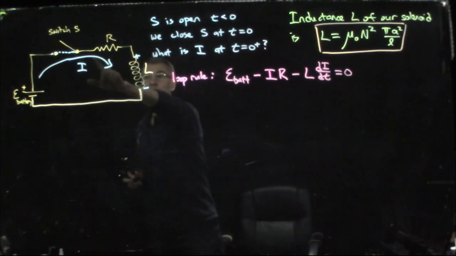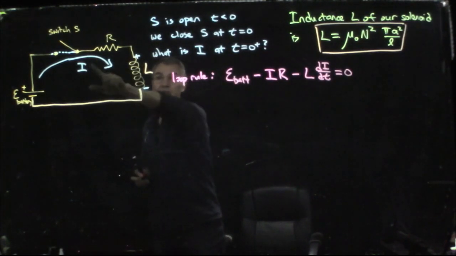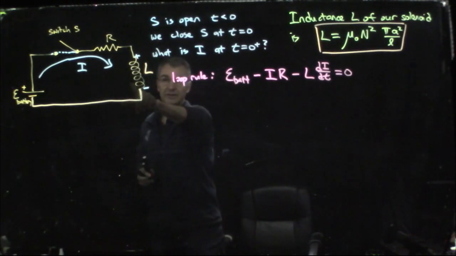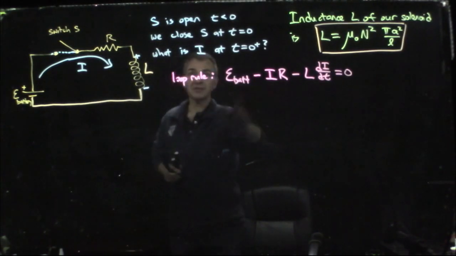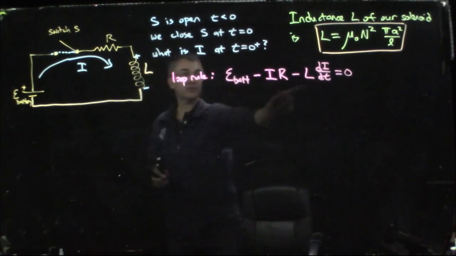So for the resistor, we know if the current is from left to right, then the left side of the resistor is at higher potential than the right side of the resistor. And for the inductor, if the current is going clockwise, so it's downward on this side of the schematic diagram, then a positive di by dt would result in the top side of the inductor being at a higher potential than the bottom side of the inductor, which has the desired effect of opposing the change in current.